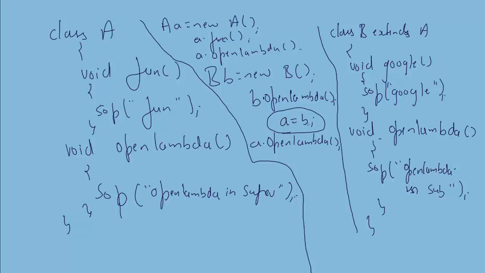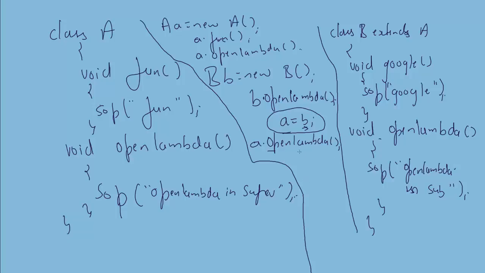What members it can access depends upon the kind of reference variable. But when I say a dot open lambda, just because it is an overridden method, it always gets the method from the object to which I am referring. A dot open lambda right now will print open lambda in sub. It is not going to print open lambda in super. It is going to print open lambda in subclass.